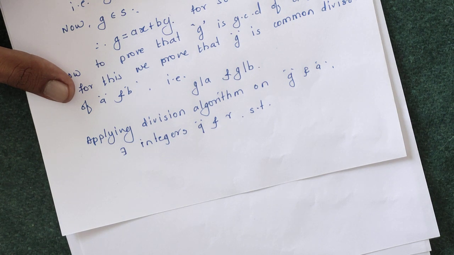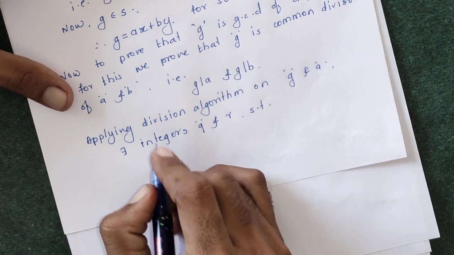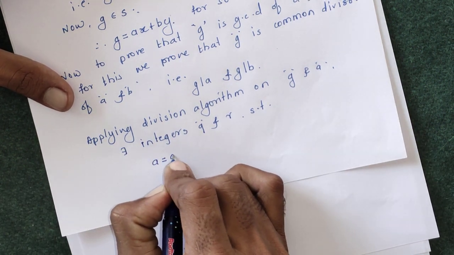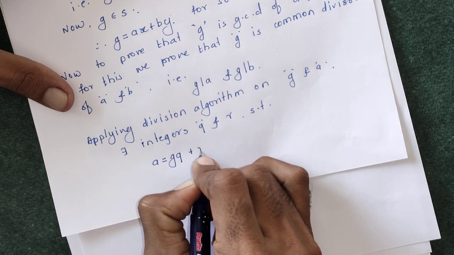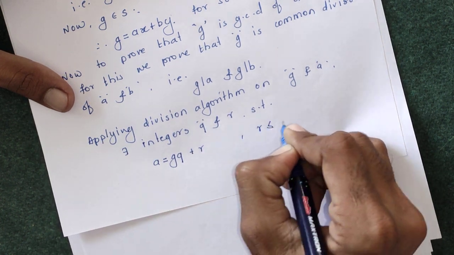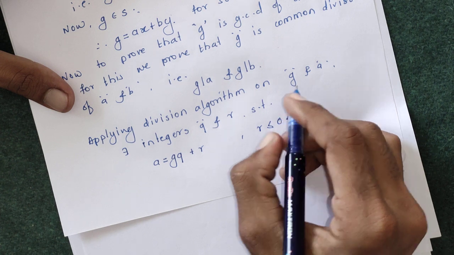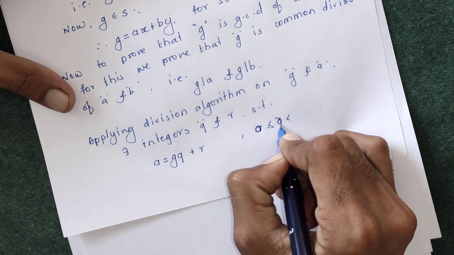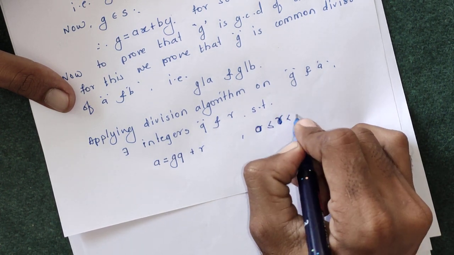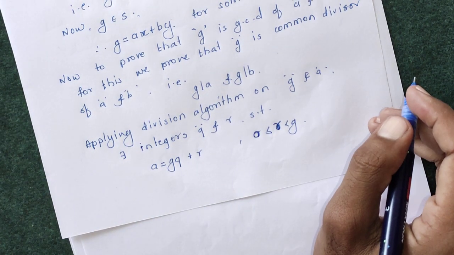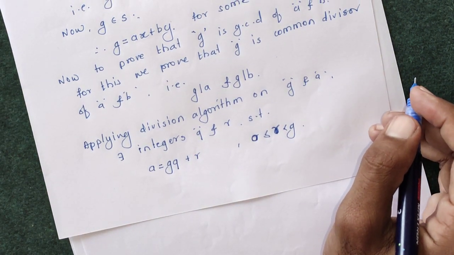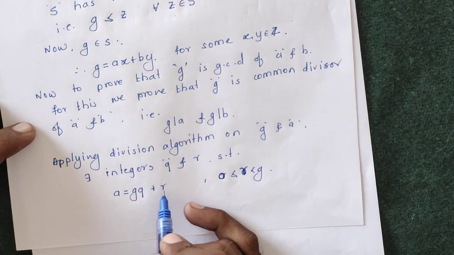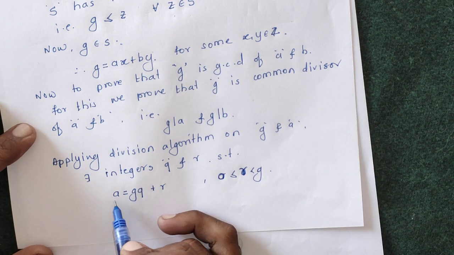So applying the division algorithm on G and a, we write a is equal to GQ plus R, where 0 is less than or equal to R, which is less than G. Now if R is equal to 0, then we get that G divides a.